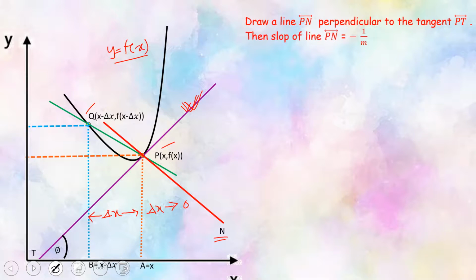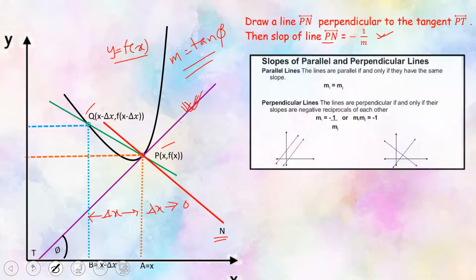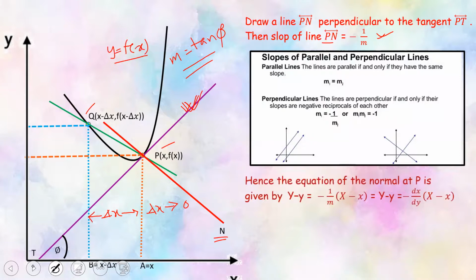Now what is the slope of PN? It is equal to minus 1 upon m, where m is equal to tan phi, or the slope of the tangent. How could I say that this slope of PN is minus 1 upon m? By the property of the slopes of parallel and perpendicular lines: if 2 lines are parallel, then their slopes will be equal.